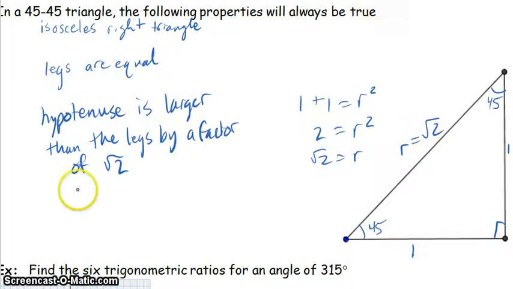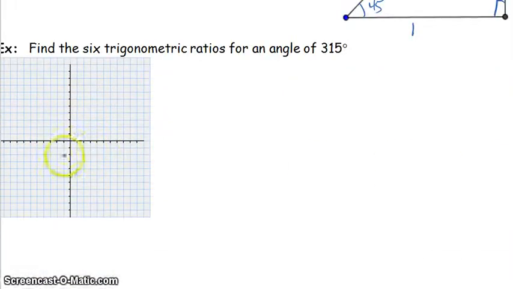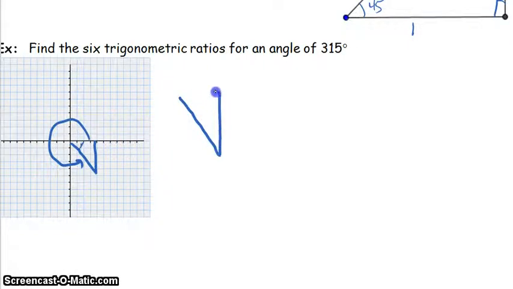So if I find the 6 ratios, I'm just going to do this from a problem, 315 degrees. If I go around, that's in quadrant 4. Coincidentally, it doesn't matter what I do, that would be a 45-degree angle right here. So what I really need to do is figure out what the ratios are of a 45-degree angle.